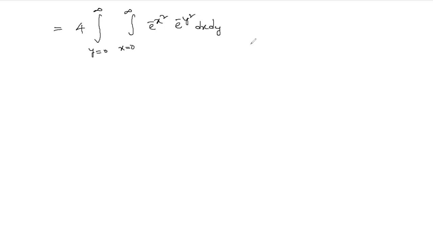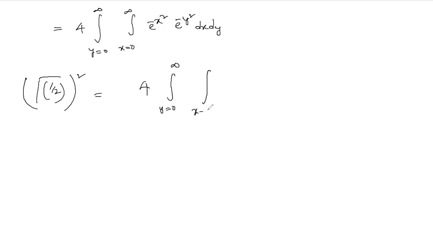This is by the property of multiple integrals. Or we can write gamma half whole square as 4 times the double integral of e to the power of minus (x square plus y square) dx dy.